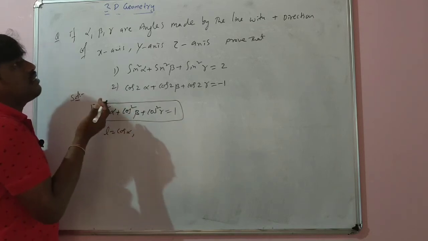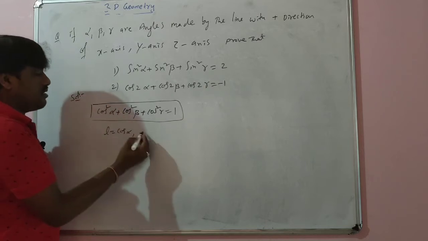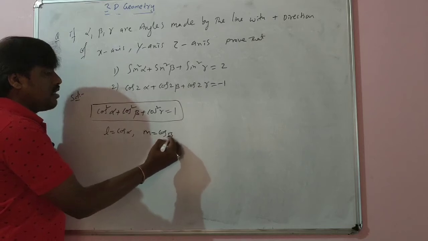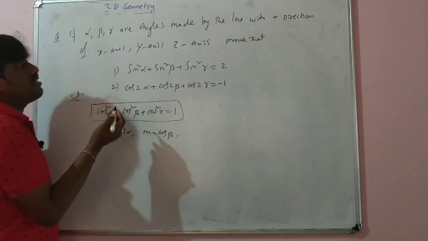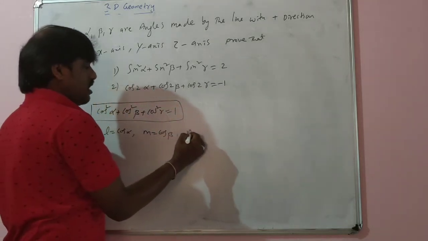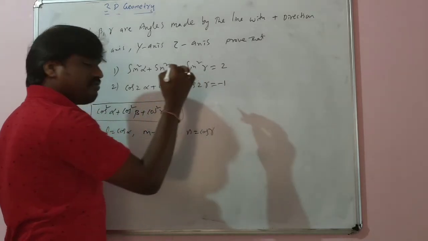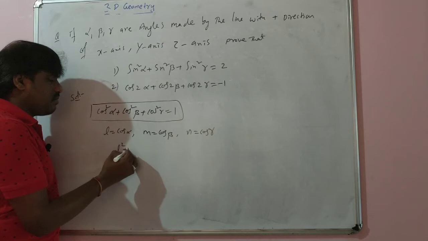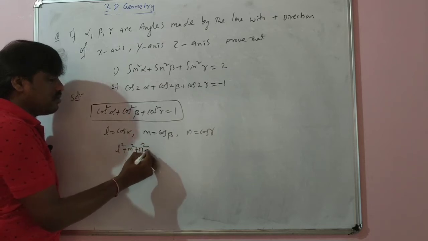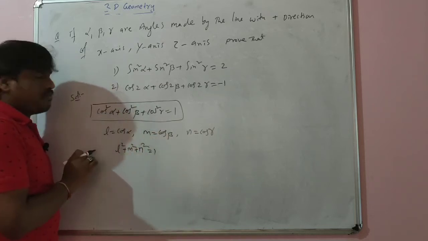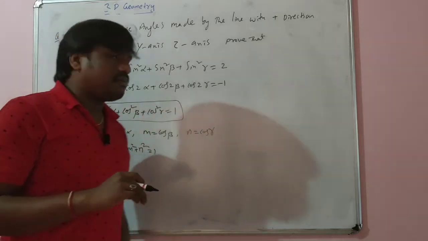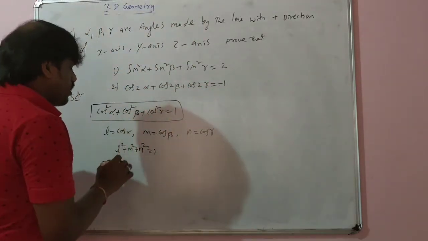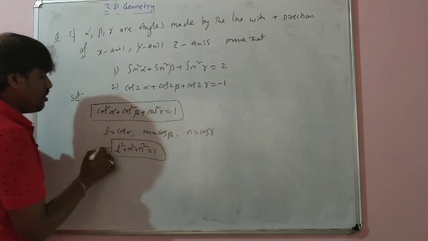Beta, the angle made by the positive direction of y-axis, that is M is equal to cos beta. Gamma, the angle made by the positive direction of z-axis, that is N is equal to cos gamma. Then we know that L square plus M square plus N square is equal to 1. We have to use this concept. So cos square alpha plus cos square beta plus cos square gamma is equal to 1.